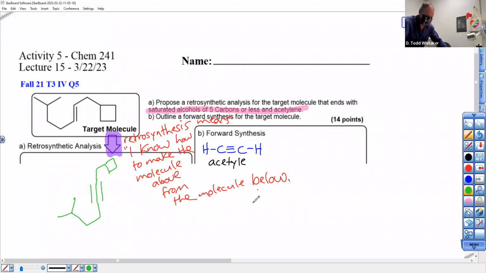Later on, in part B, you're going to tell me the chemicals that you use. I don't need any chemicals other than the skeleton over here. Now the question is, and we're going to go back to our previous synthesis, what was it before it was this? I'm going to go back.